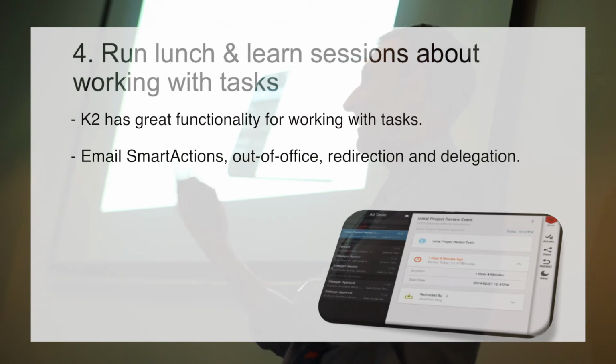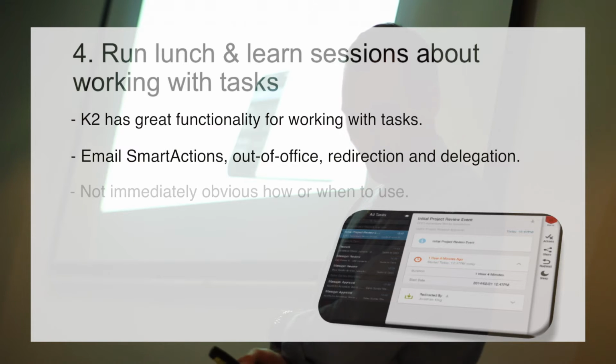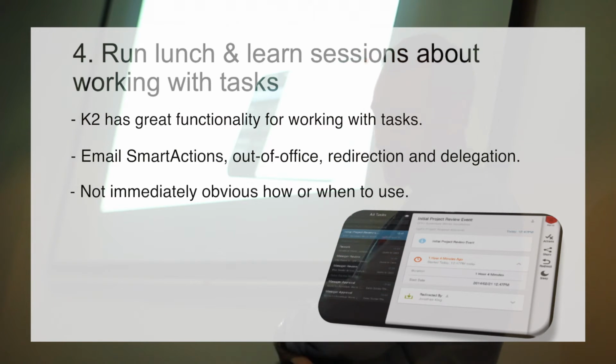So you would get an email notification to say that an approval was required, and you could then just reply to that email with accept or reject. But other than that, sometimes it's not immediately obvious how and when you can use the other options that are available to you. Our first few processes, that Andrew alluded to, were kept deliberately simple.